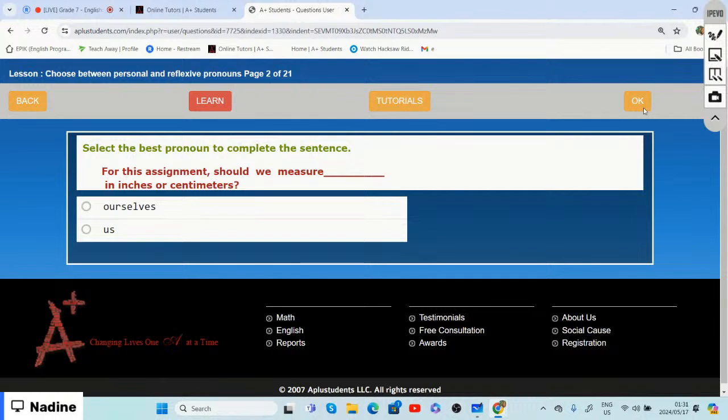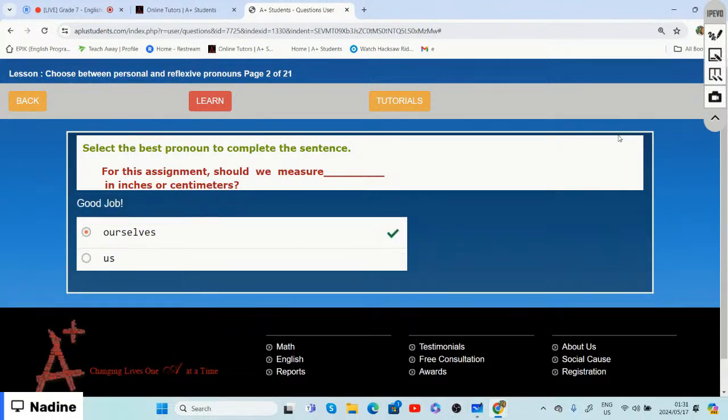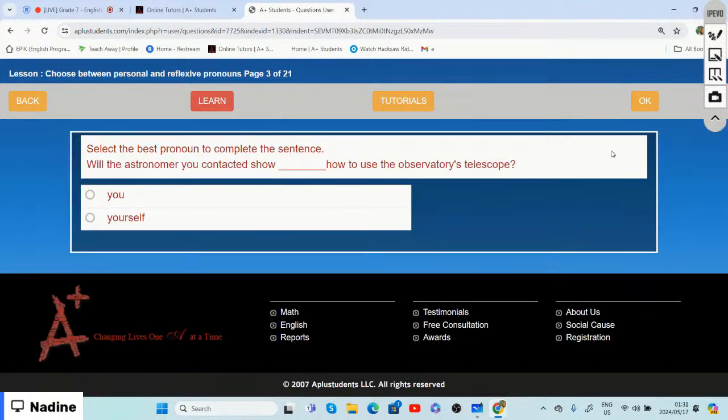So we're going to say for this assignment, should we measure ourselves? Yes. So we measure ourselves, and ourselves refers to we, right?